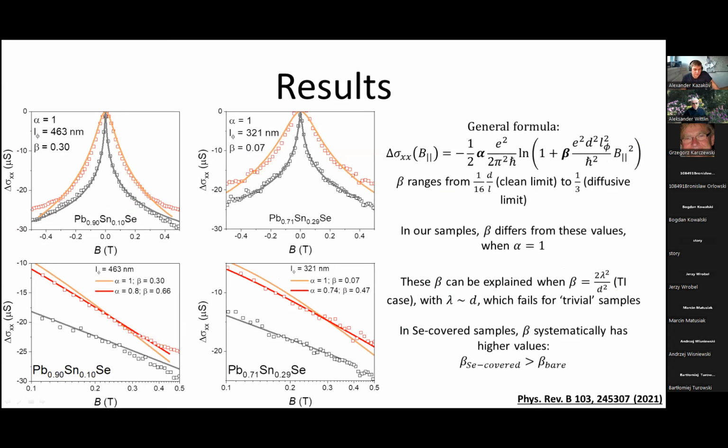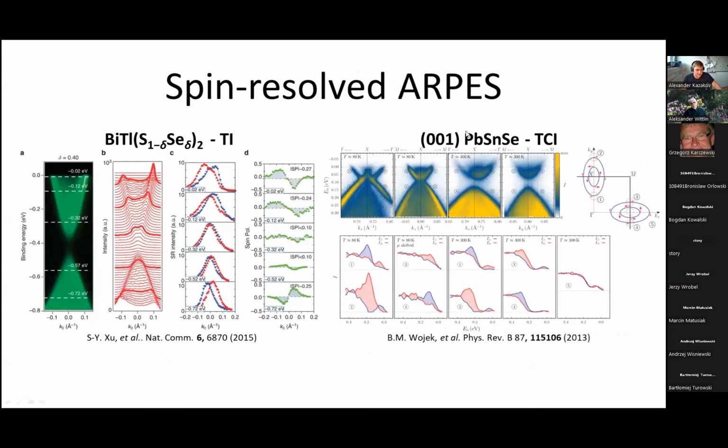And we saw that both fitting coefficients, alpha and beta, have some discrepancies from the expected values. That, we think, is a confirmation that this effect is not covered by conventional theories, but depends on the symmetry.